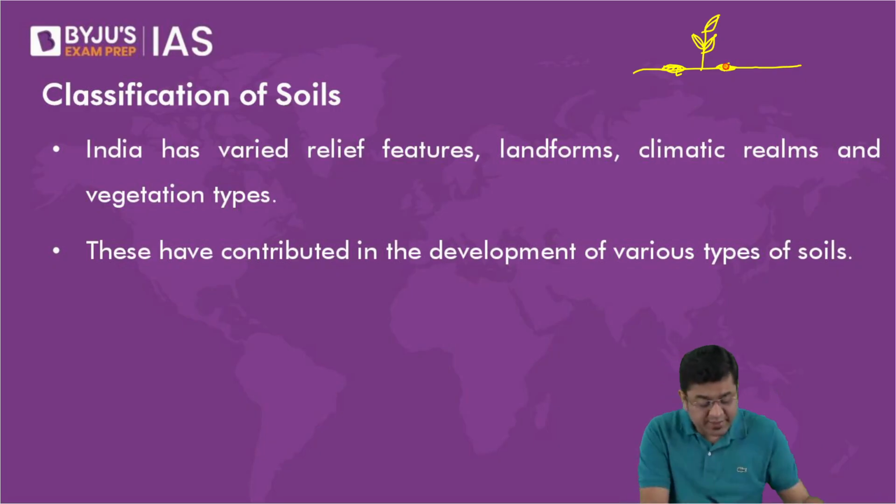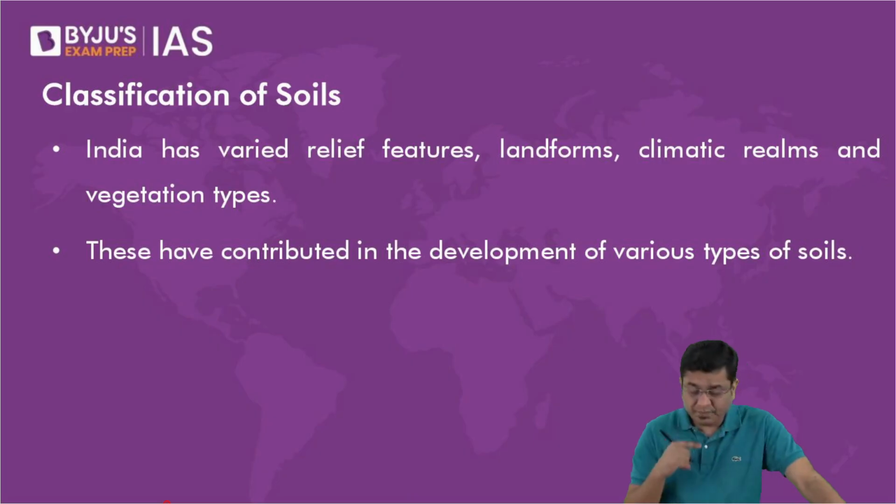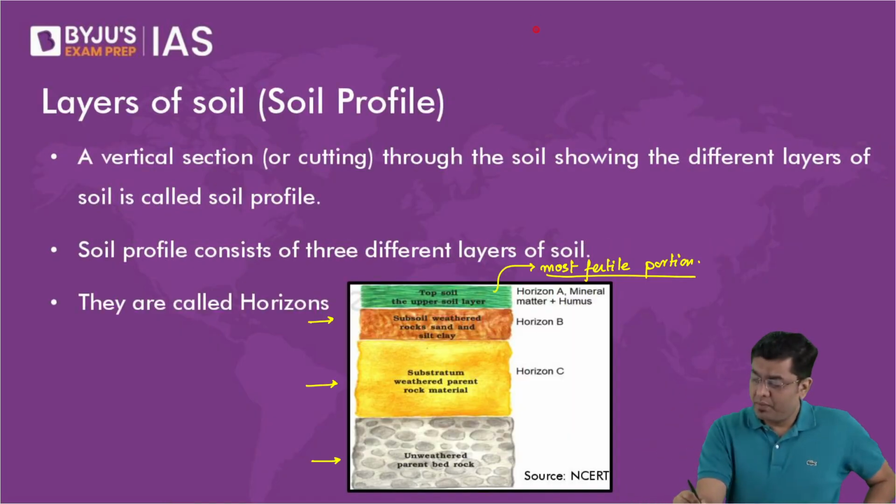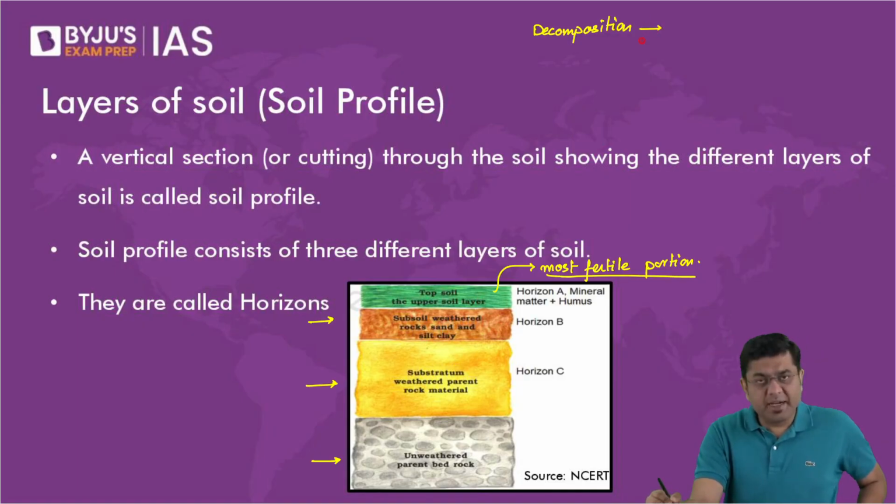So decomposition in simple terms is the breakdown of the organic matter in the soil and the return of nutrients to the soil. When we talk about decomposition, you will study it in environment in significant detail, with various stages.